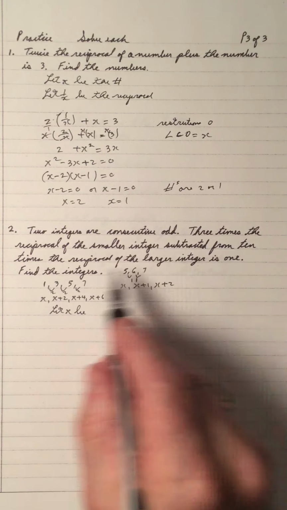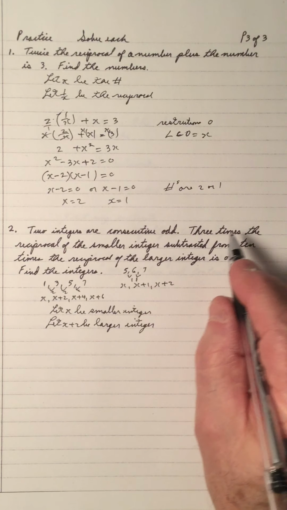And that means we're going to let x plus 2 be the larger integer. See, not only do we have consecutive, but the problem talks about smaller and larger, so write that down. Now let's see if we can find it quick.